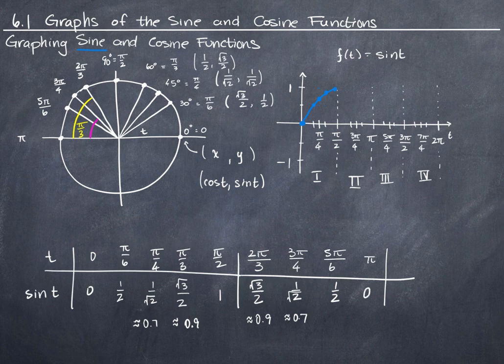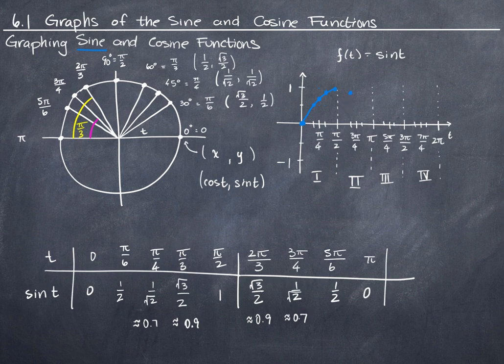So I can now graph these input-output values. For 2 pi over 3, I have 0.9, so I'm back at about this height here. Notice that that matches the height here.